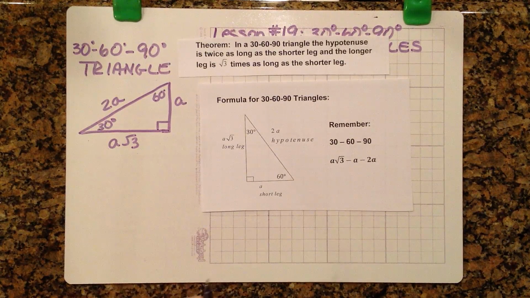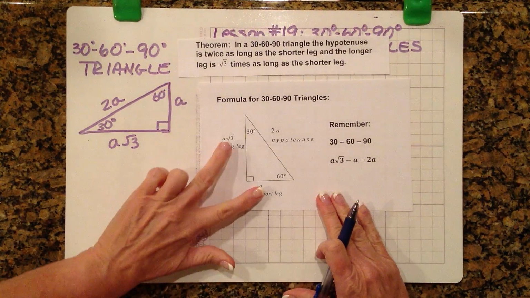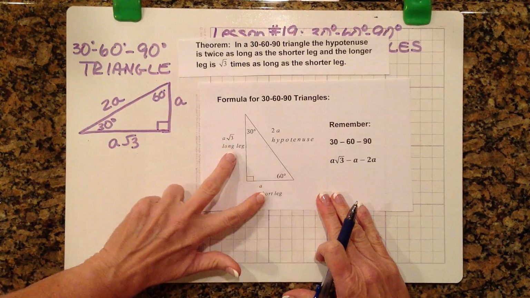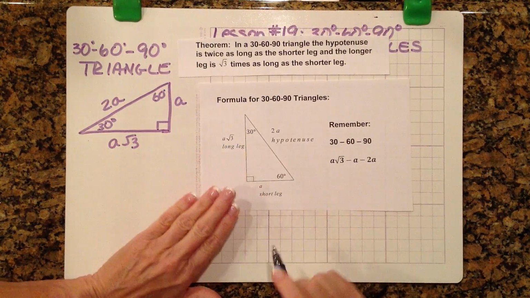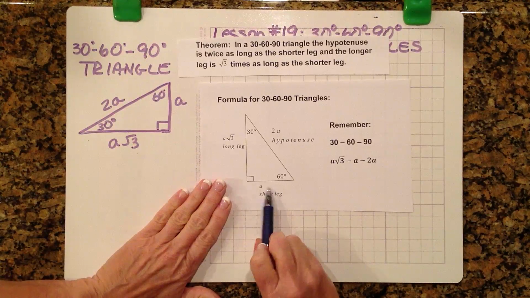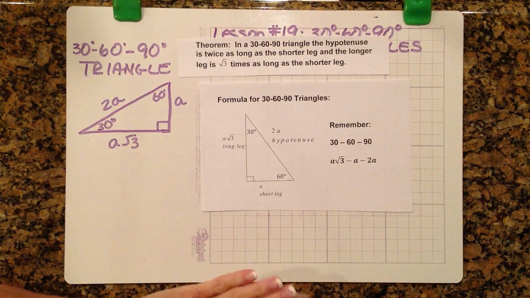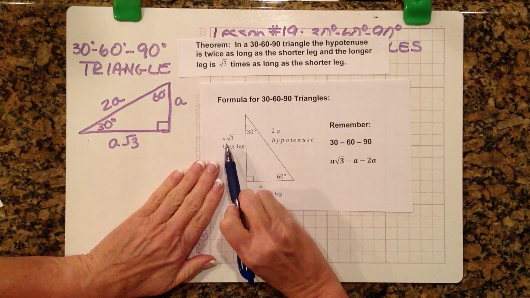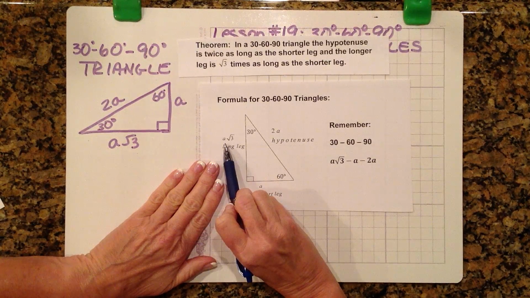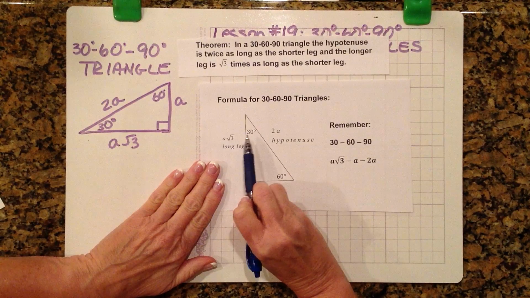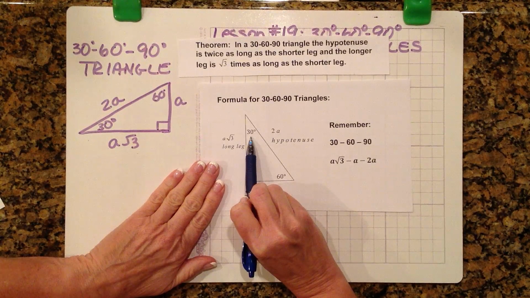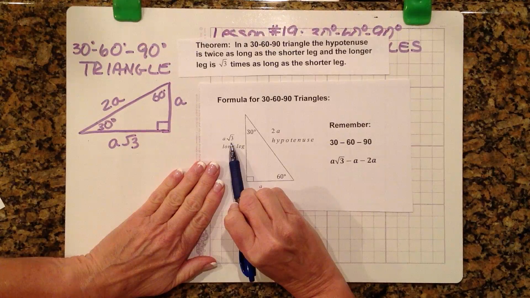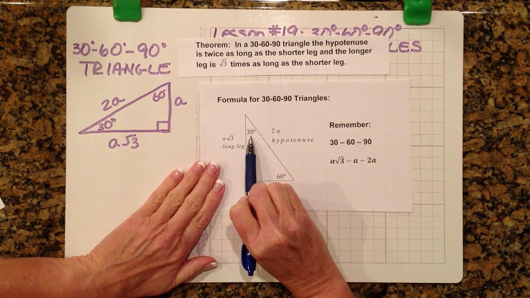Alrighty, now what I have students do all the time is they'll get these two formulas mixed up right here. They'll put the A square root of 3 right there, and that is not correct. Let me show you what I use, a little trick. I say the little rhyme, the A square root of 3 is by the 30 degree.